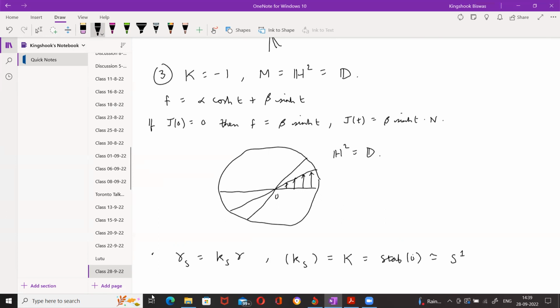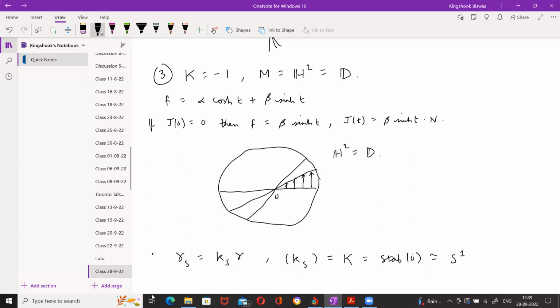So maybe I should call it K theta really instead of K_S. But anyway, for the family of geodesics, I usually use the parameter as S. Is this all right? So, you can do this in any dimensional symmetric space.